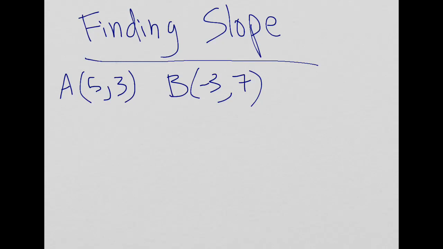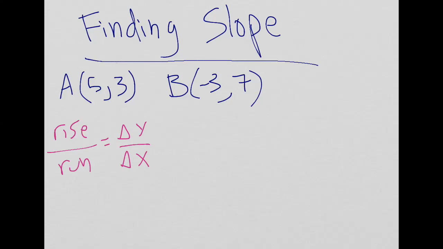So let's say we have 2 points, A and B, and we want to find the slope between these 2 points. So we're going to have to recall how you find slope, and slope between 2 points is the change in your y values over the change in your x values. You probably know it as rise over run, rise being the change in your y, run being the change in your x.